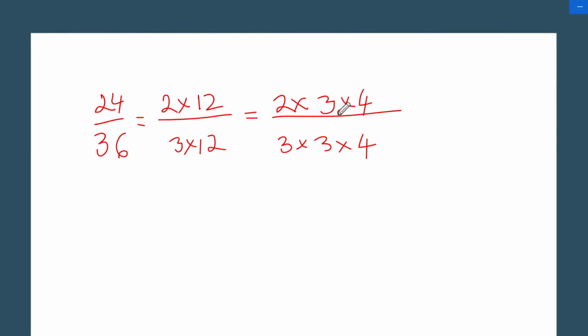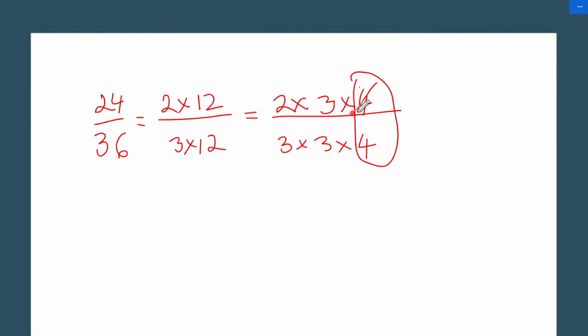Now we have to look at these numbers and figure out how to simplify the fraction. You have to know that a fraction means division. So when you look at this, you have to see 4 divided by 4.